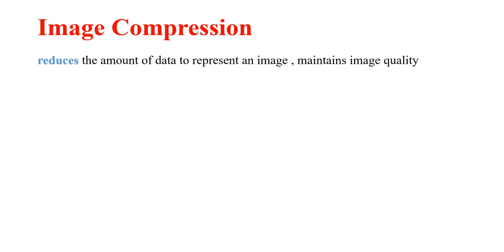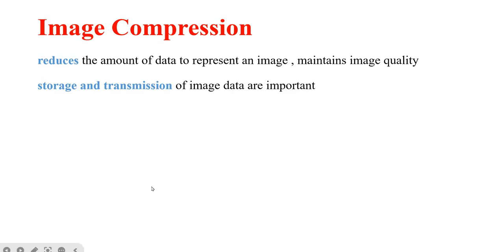So the visual quality should not be degraded, and in such a way we have to reduce the amount of data used to represent the image. It is essential for efficient storage and transmission of image data, because it helps in reducing bandwidth usage, memory requirements, and power consumption.